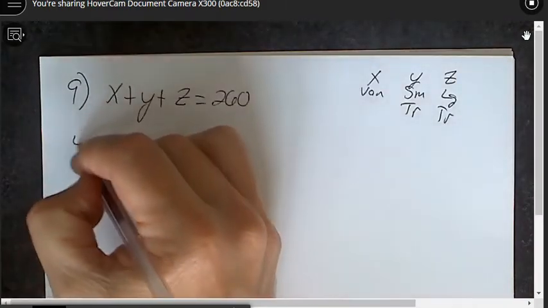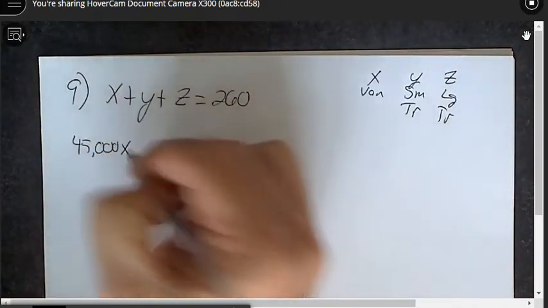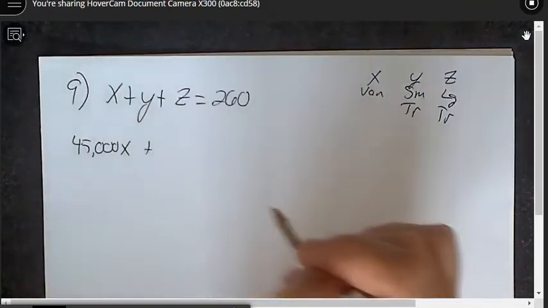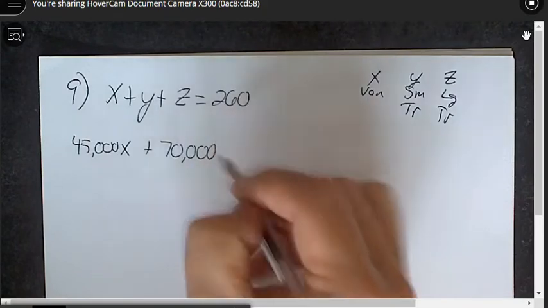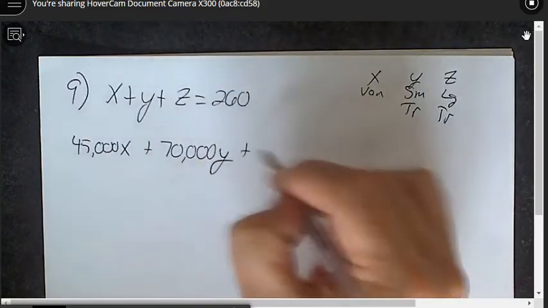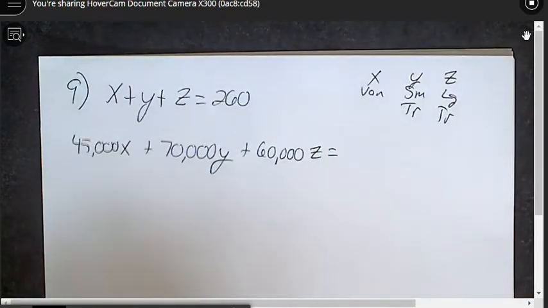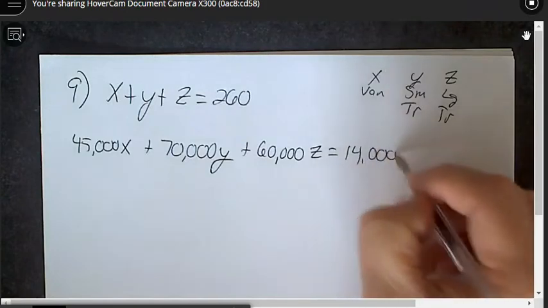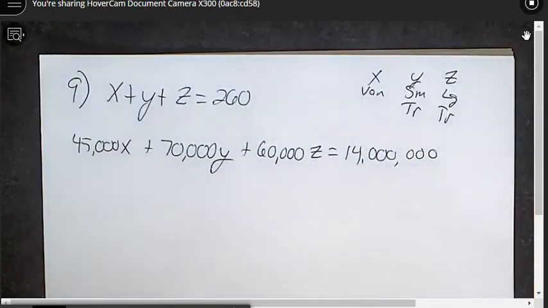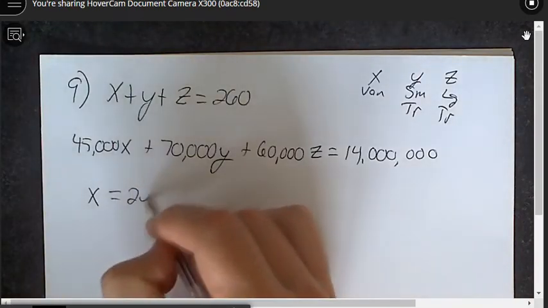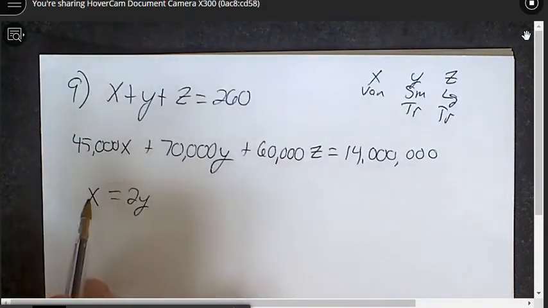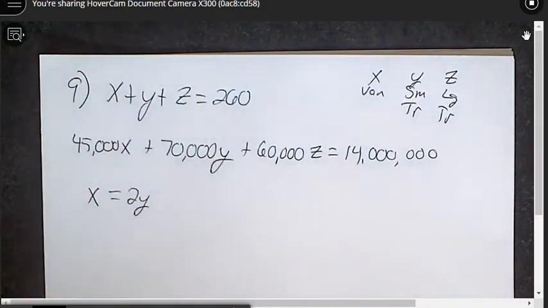We have $45,000 per van, which is an expensive van, and $70,000 for the small truck, which is also very expensive. Together they're going to spend $14 million on all those vehicles. The first thing I'd be questioning is why we're paying that much for all the vehicles. But anyway, at the end it says we need twice as many vans as small trucks, so if we double the small trucks, that should give us the number of vans. So there are our three equations.